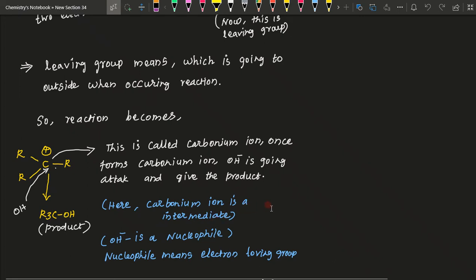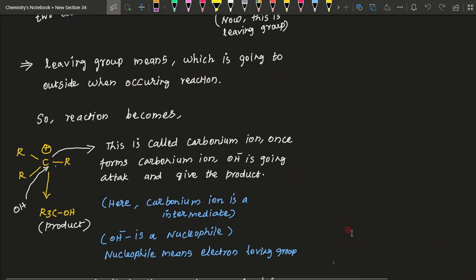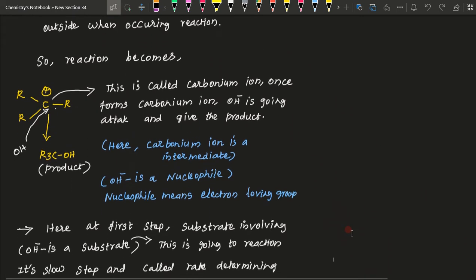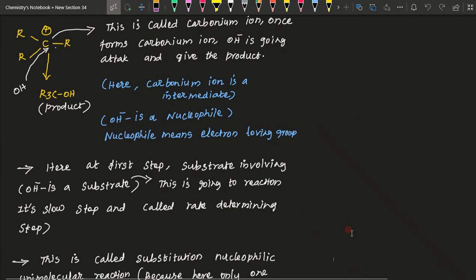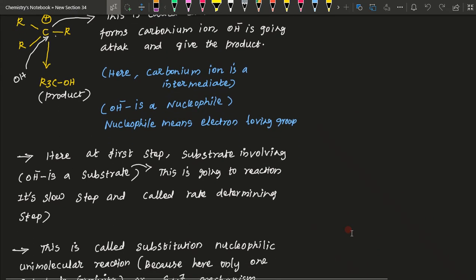See, carbonium ion is only one intermediate. OH is the nucleophile. Nucleophile means electron loving group. Next, here at the first step, the substrate is involved.